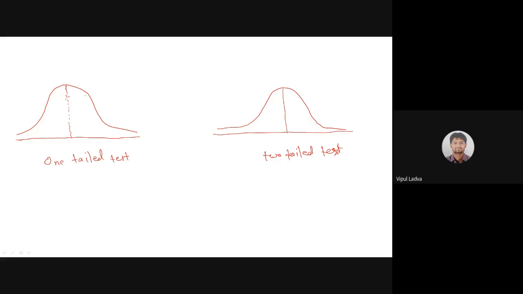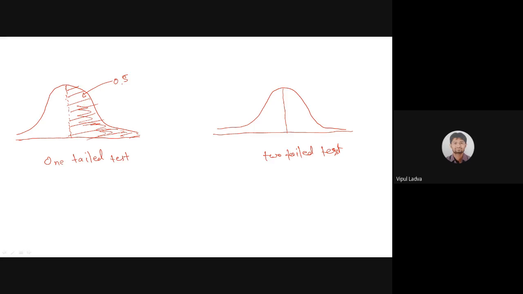Assume we are dealing with the right-tail test, and as we know, the entire area of this normal curve is always one. So the area on the right of the mean will surely be 0.5.